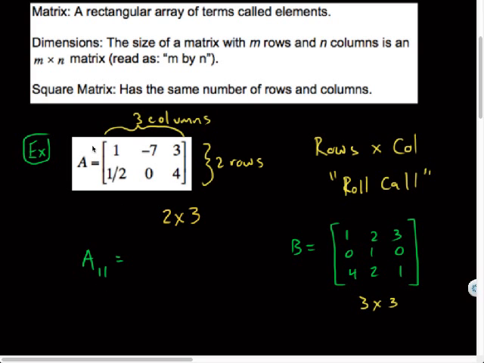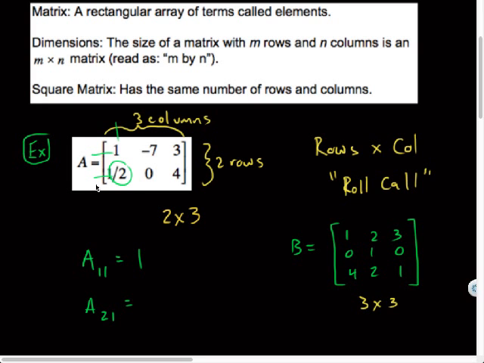So row 1, column 1 is 1. What would element A sub 2,1 be? What's the difference again? Which one's column, which one's rows? Second row, first column. Second row, first column is a half.